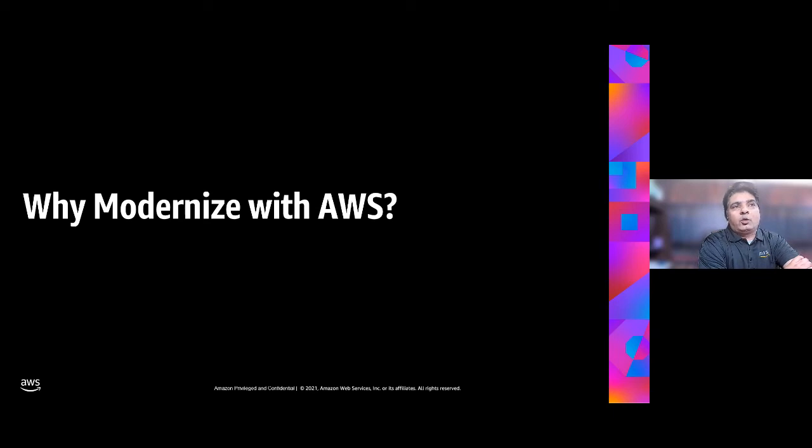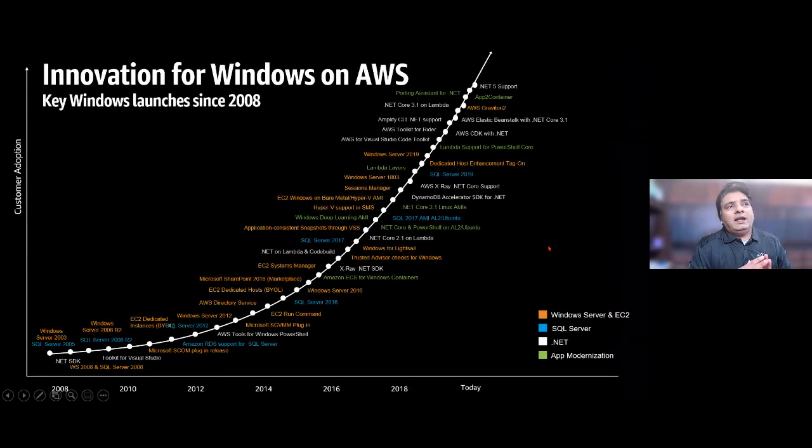Tools like App2Container can be one of the reasons why you want to modernize with AWS, but it might not be enough alone. I can give you many other reasons to justify why to modernize with AWS.